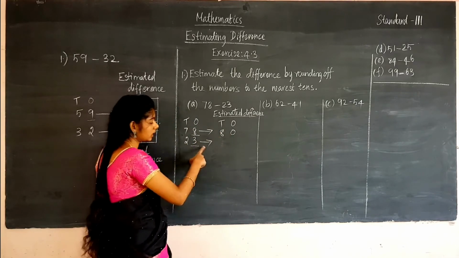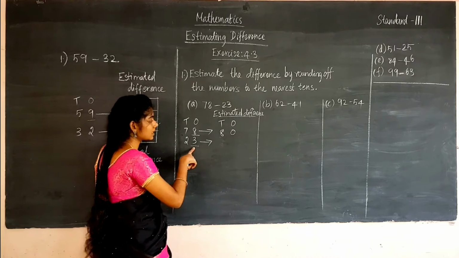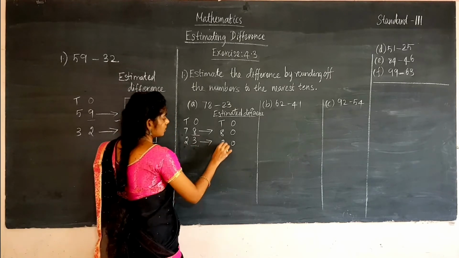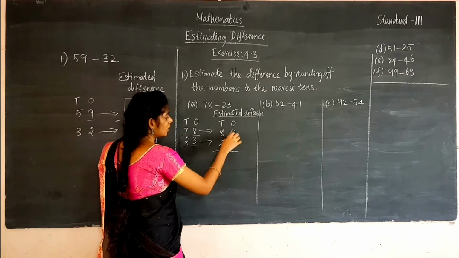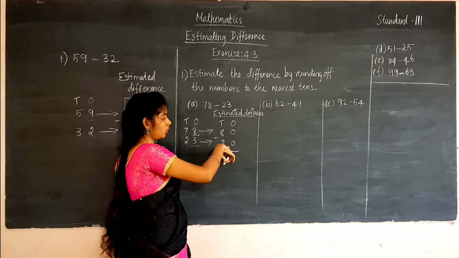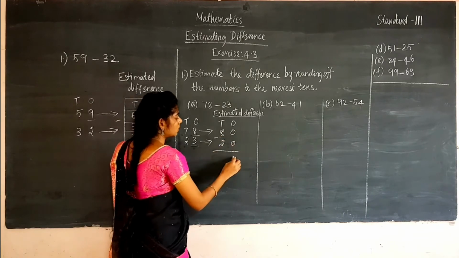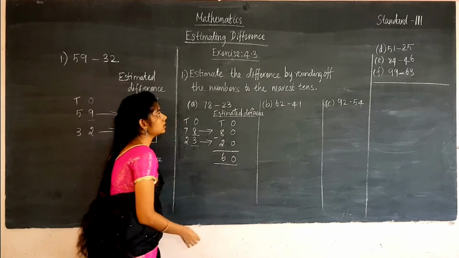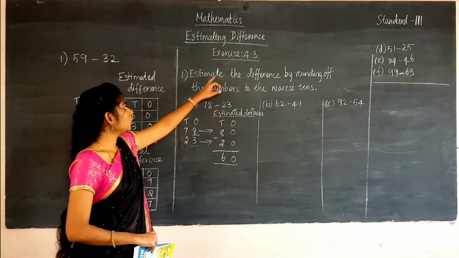And here 23, you check the ones place, it is less than 5, so write 0 and write the number 2 as it is. Now subtract these two rounded off numbers. First ones place, 0 minus 0 is 0, then 8 minus 2 is 6. So the answer is 60.